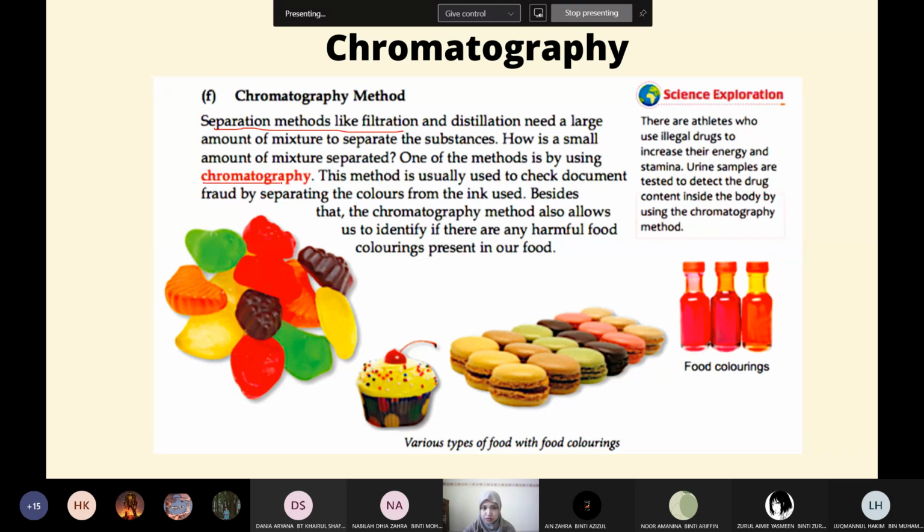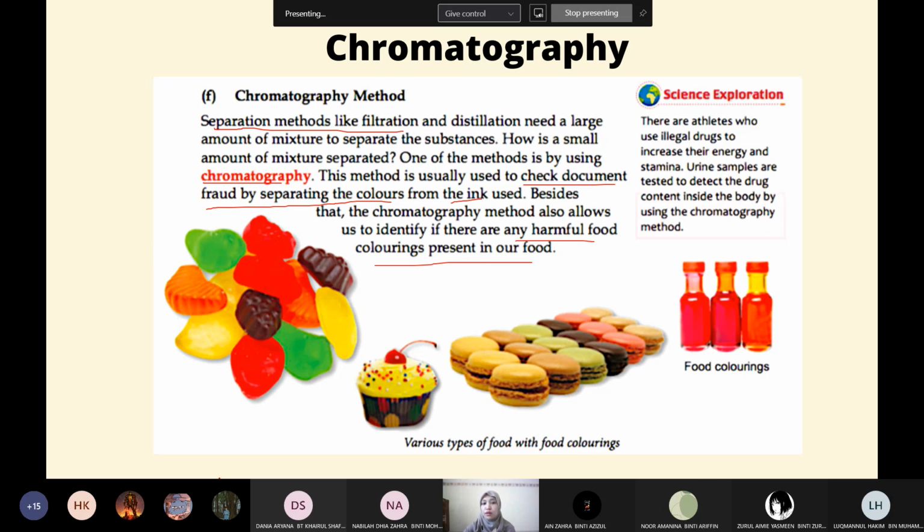Okay, so chromatography method ni usually used to check document fraud by separating the color from the ink used. Besides that, chromatography method also allows us to identify if there are any harmful food coloring present in our food.